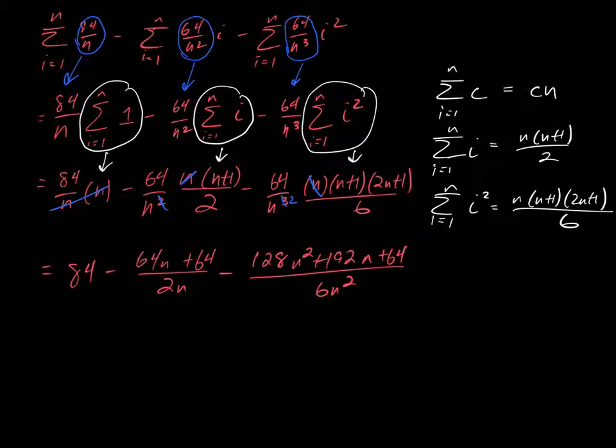When you FOIL this out and distribute the 64, you'll get this. 6n squared in the denominator. 64 times n plus 1 is 64n plus 64. 2n in the denominator.